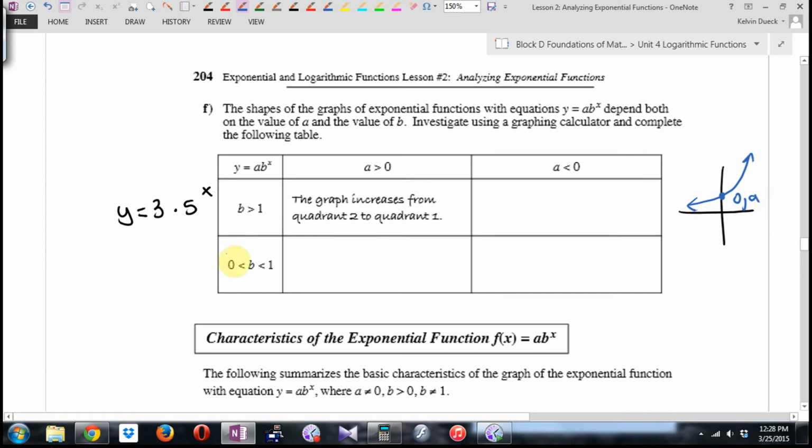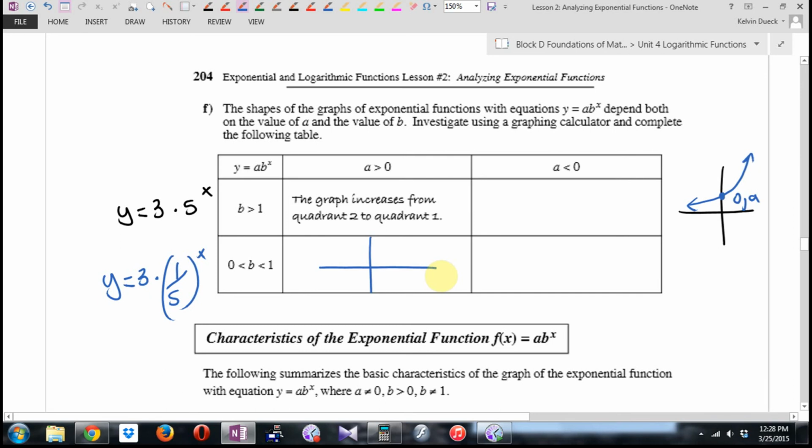What if B was a fraction? Y equals 3 times 1/5 to the x. What would that look like? We'll do a little sketch. First of all, will it be above or below the x-axis? Is there a negative in front of it?